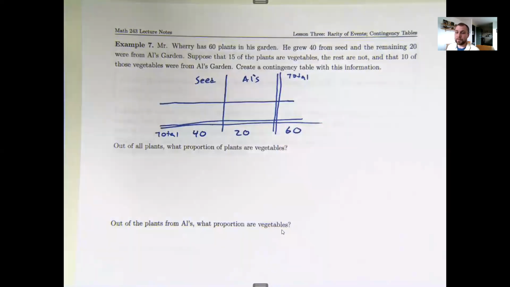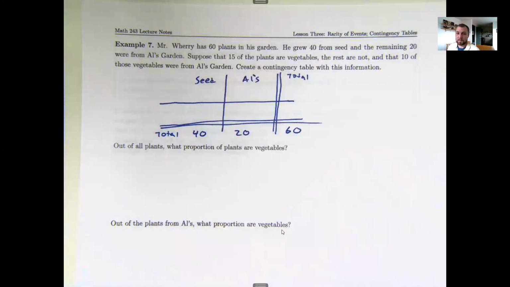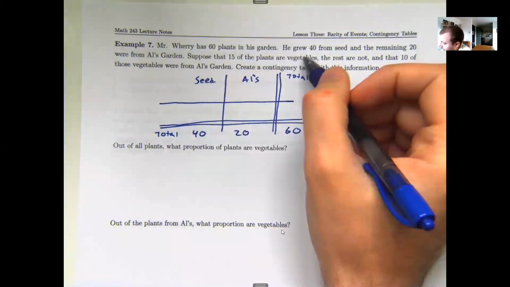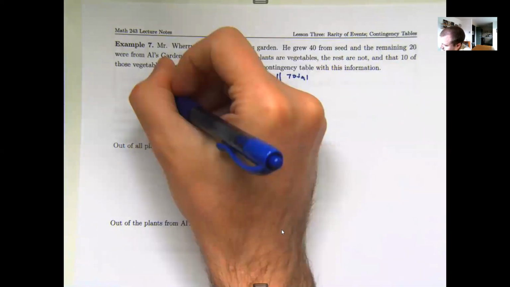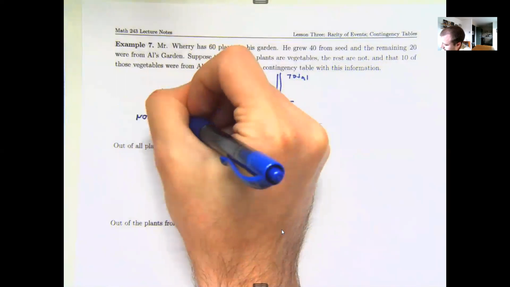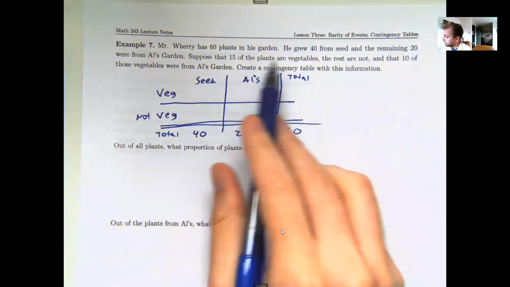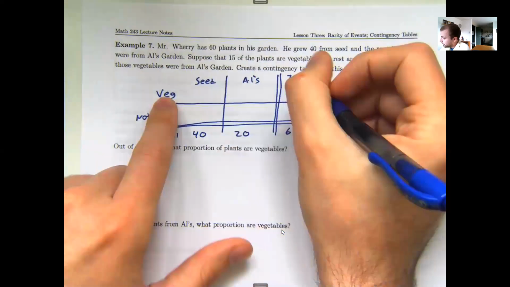One of my variables is the location of where I'm getting the thing. The other variable is being vegetable and not vegetable.